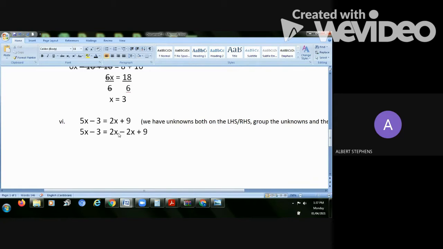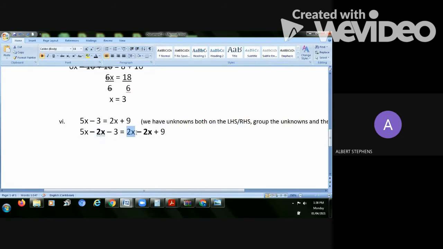So if I subtract 2x on the right hand side, I have to do the same thing on the left hand side. Would you agree with me? Yes, sir. So basically that -2x and that -2x are the same.